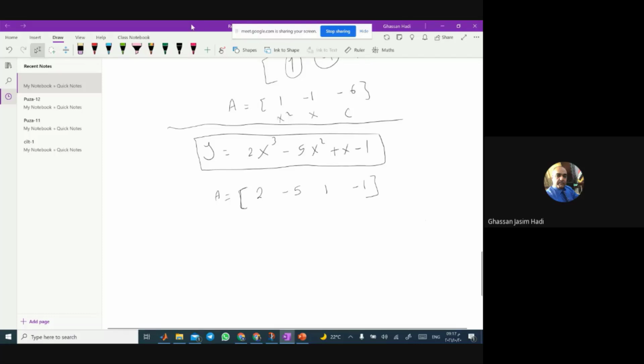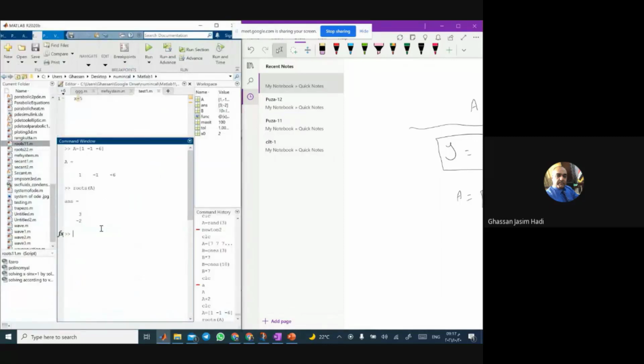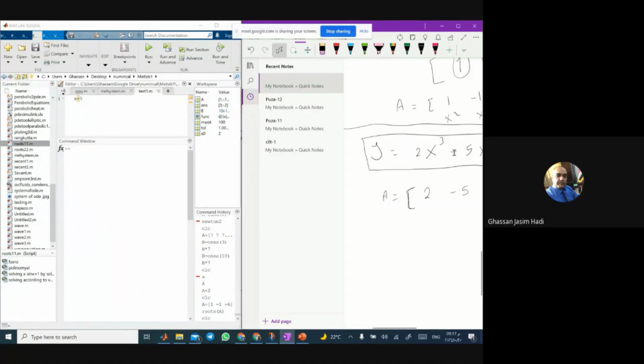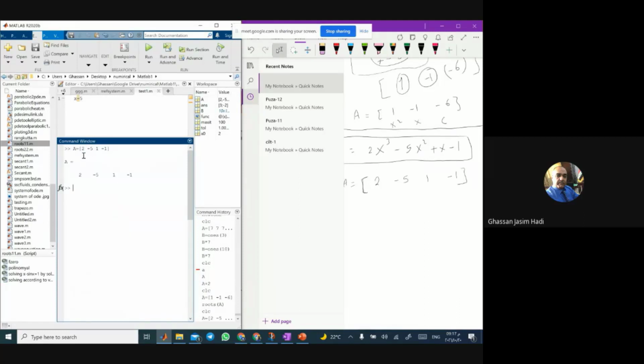Okay, let's apply it. Let's be clear. We have A equal bracket 2 space minus 5 space 1 space minus 1 and close bracket and enter, and then we have to say roots for what?